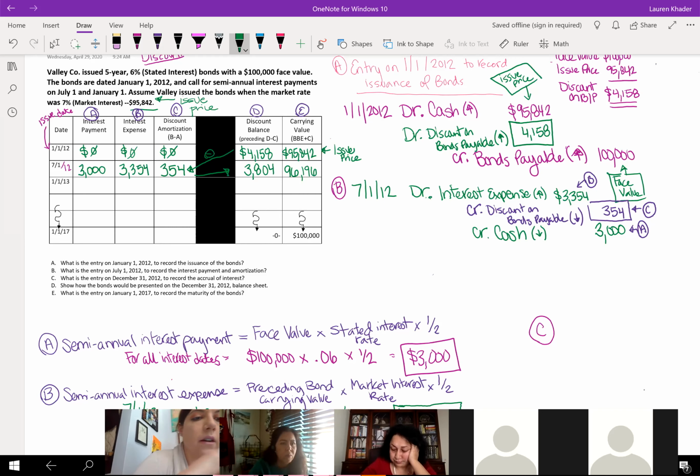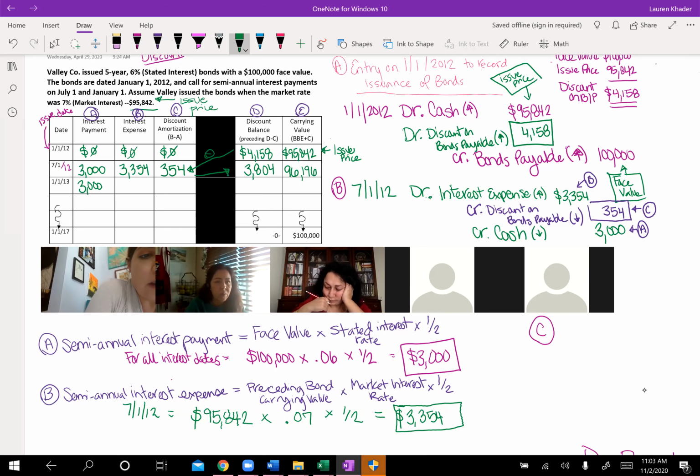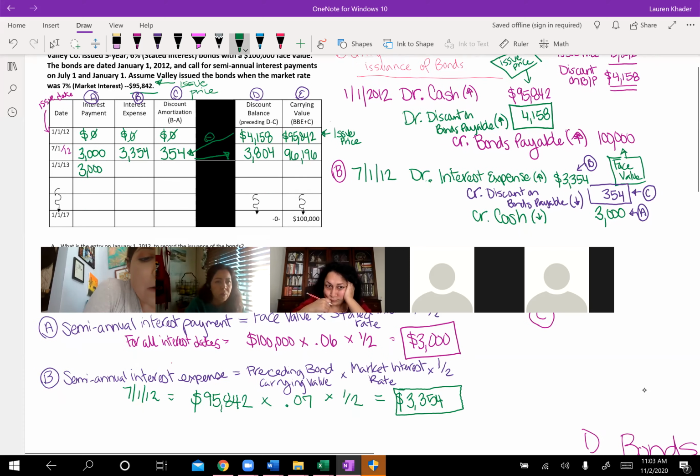3,000, because we know that that's the amount of interest that will be paid every 6 months for the life of these bonds. For the interest that we're going to expense, we need to calculate it, right? So this is our January 1st, 2013 payment, our second semi-annual payment.